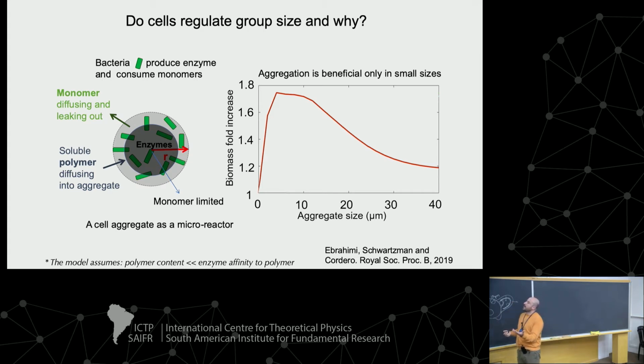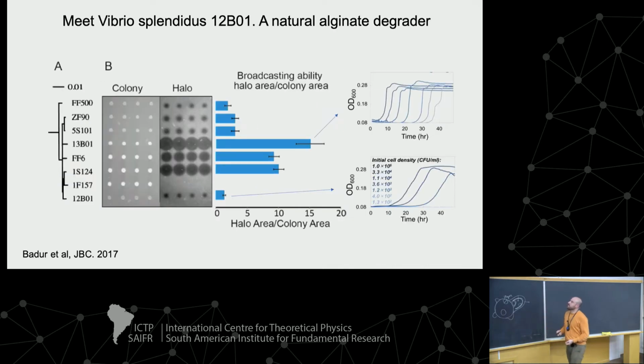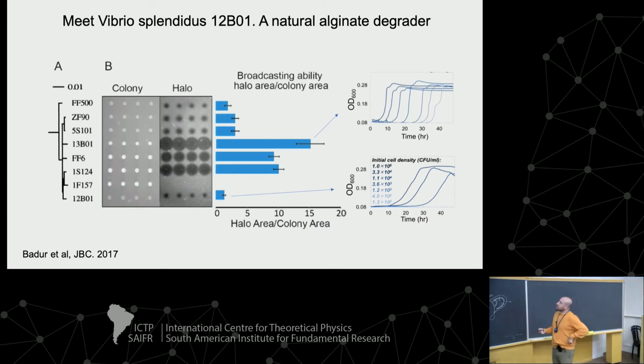The reason why, by the way, here the polymer is dissolved is because now we're going to talk about experiments where the polymer is dissolved. So everything we do here, we always match it with experiments. And the polymer that I'm going to talk about is in this case, alginate, which is a polymer that is relevant in the ocean as well, and it's one that we can dissolve. Okay.